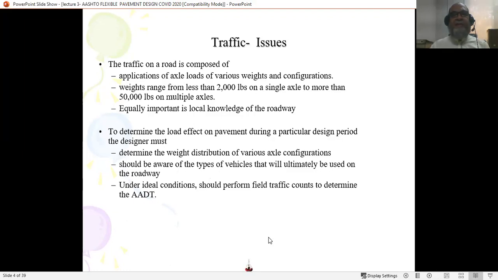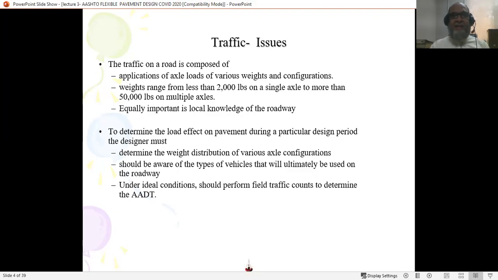Now, in order to determine the load effect on pavement during a particular design period, the designer must determine the weight distribution of various axle configurations, and should be aware of the type of vehicle that will ultimately be used on the roadway.